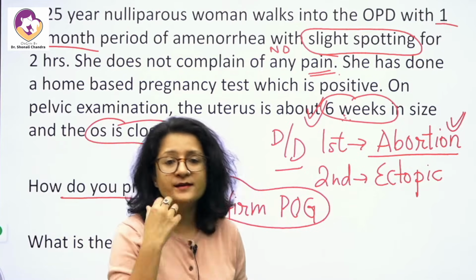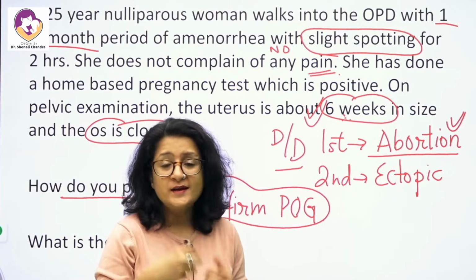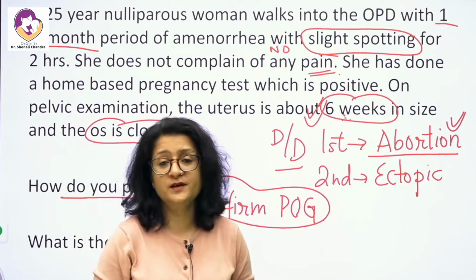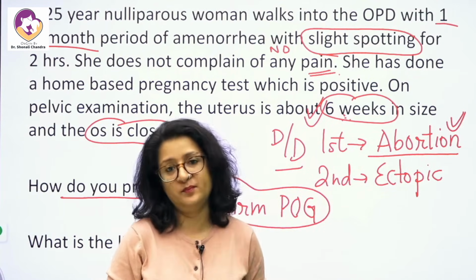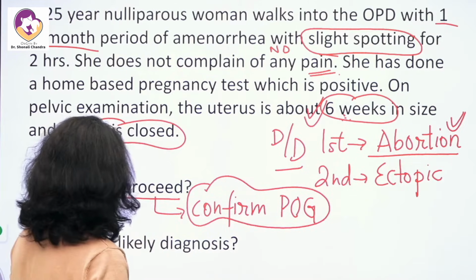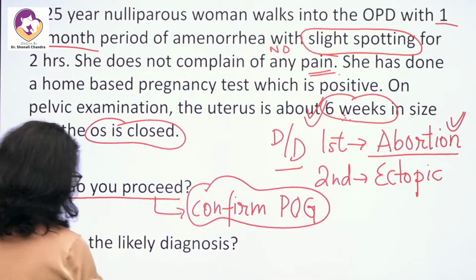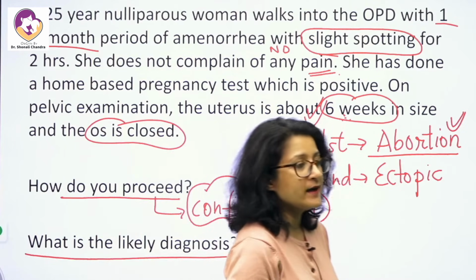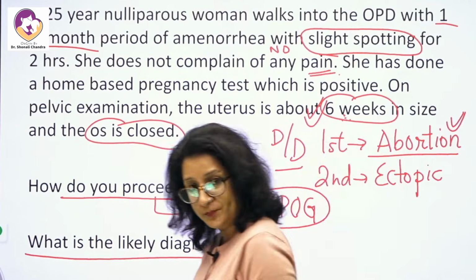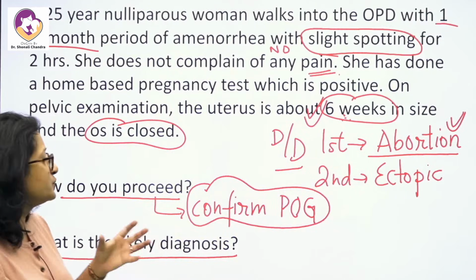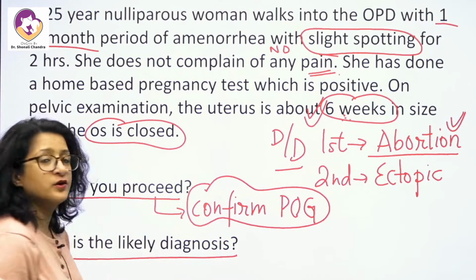Ask her the LMP, the date of the last menstrual period, and calculate how many weeks into pregnancy she is. And now what is the likely diagnosis? The likely diagnosis so far is abortion, and we have to proceed by confirming the period of gestation.